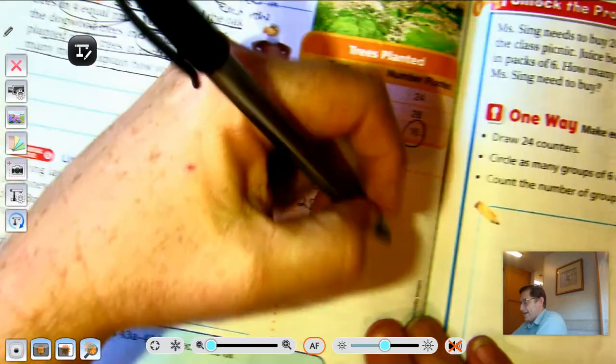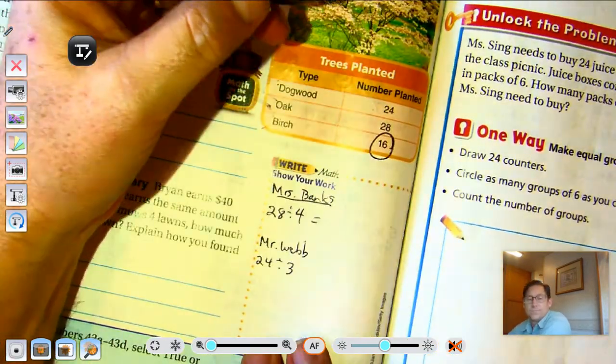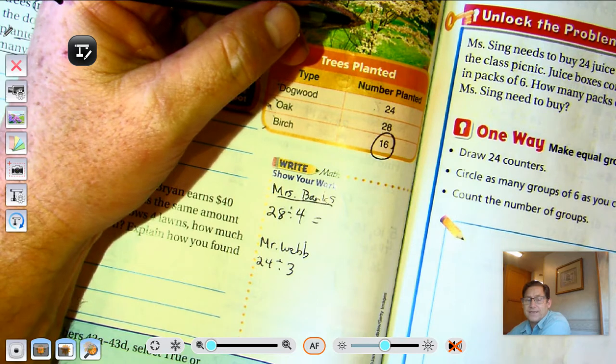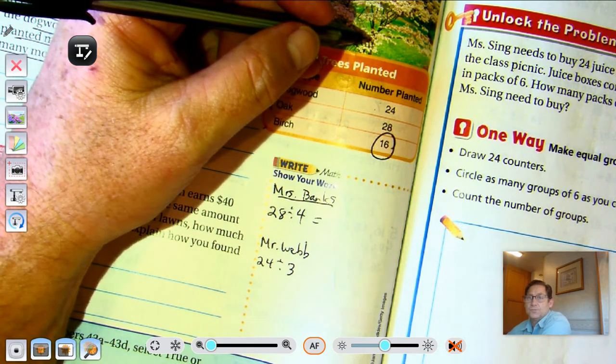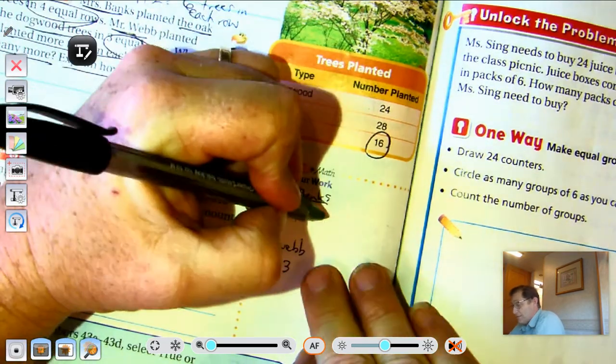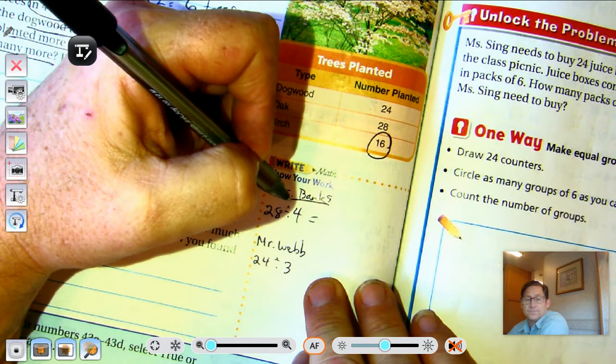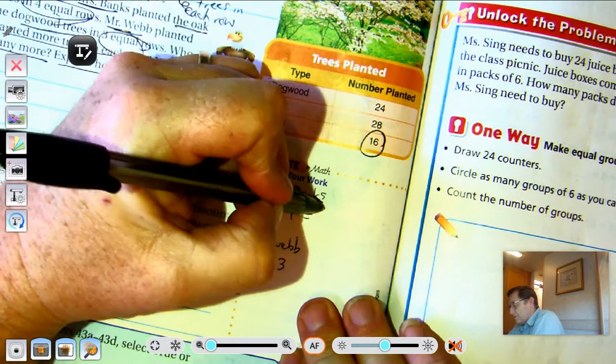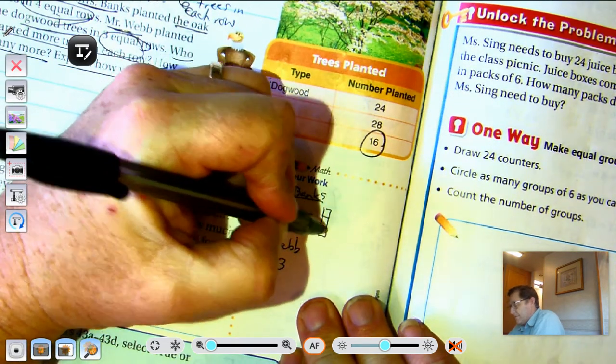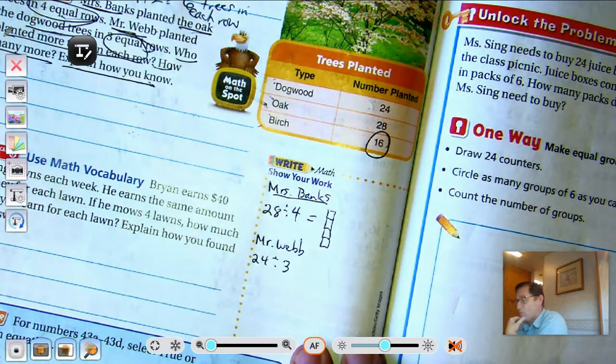So 28 divided by 4. Well, I can say 4 times what is 28? I can divide by 2. I can use the factors of 4. I can use an array. Let's go ahead and draw it since we're putting equal trees. So she has 4 equal rows.